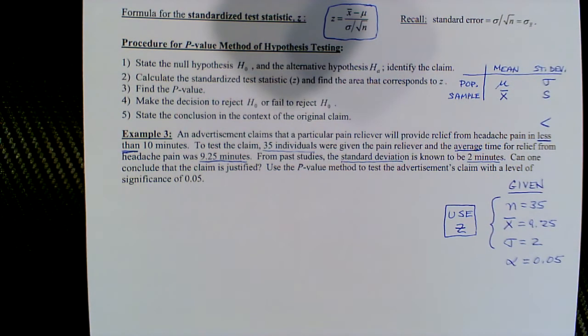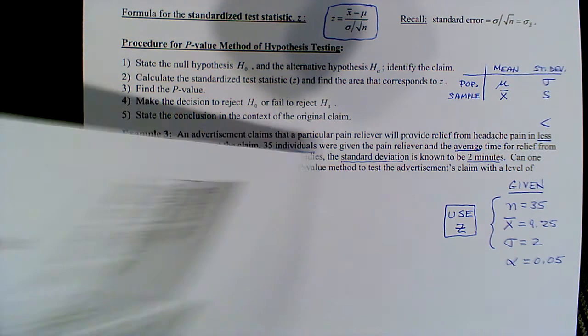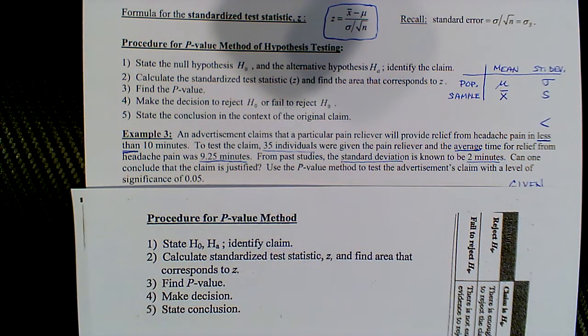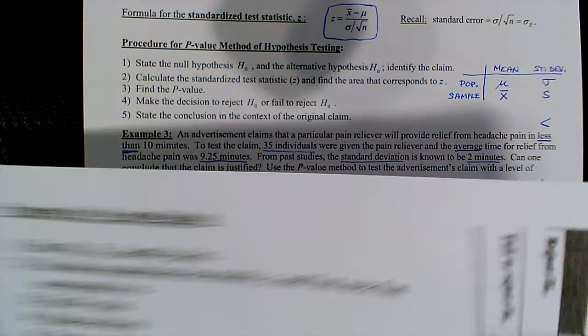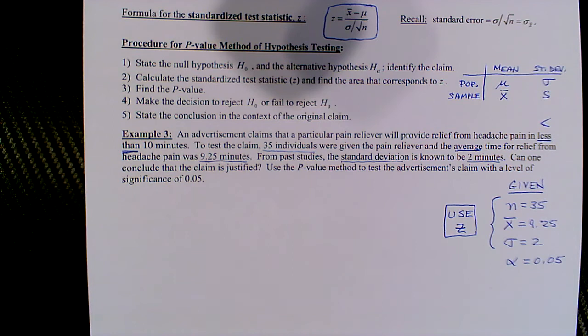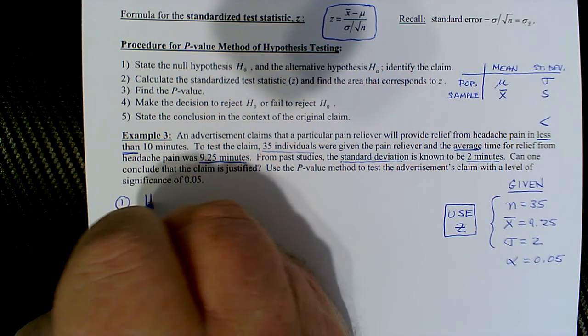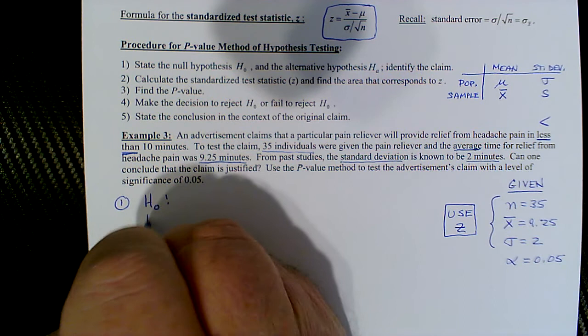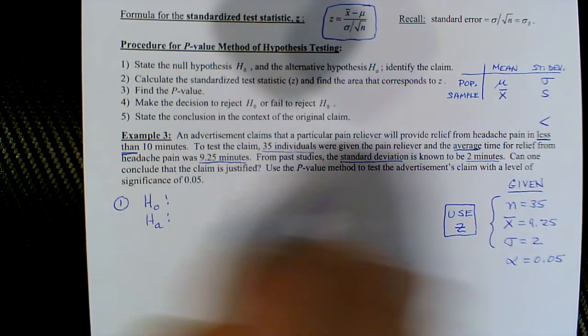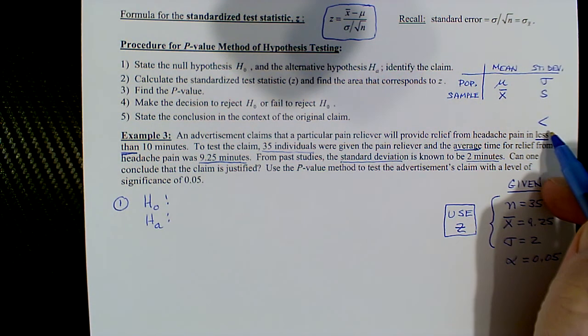Alright, so the p-value method. We've got the procedure laid out here, but it's laid out on the cheat sheet as well. State the hypotheses, identify the claim. So the first step, the H0, the HA. Recall that H0 involves a form of equality.